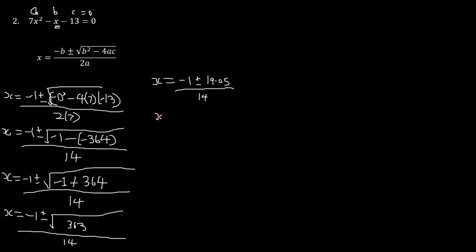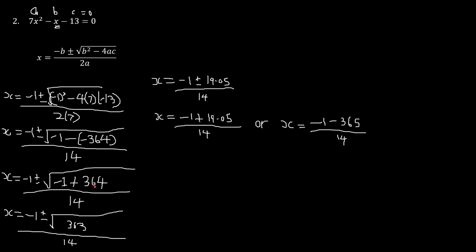So x is equal to minus 1 plus 19.05 all over 14, or x is equal to minus 1 minus 19.05 all over 14.